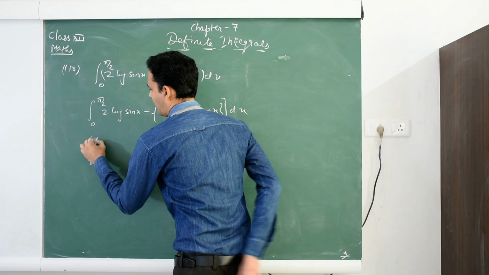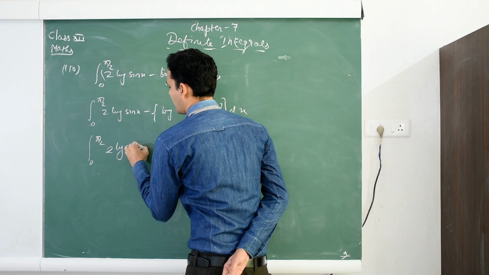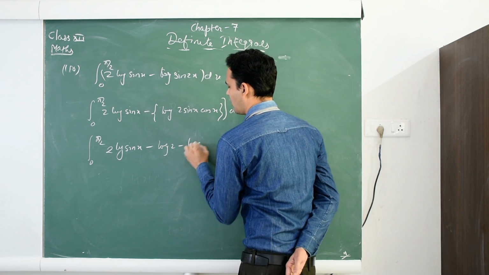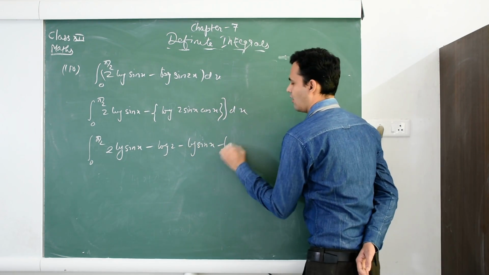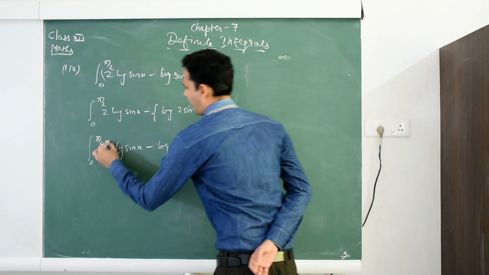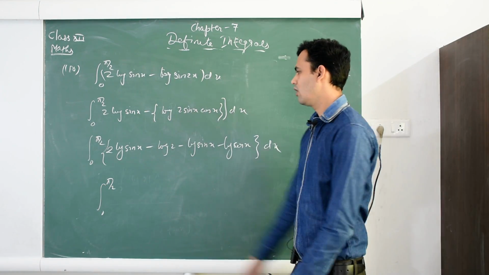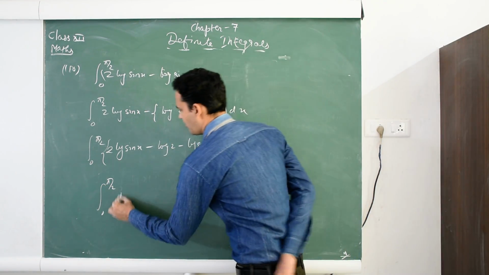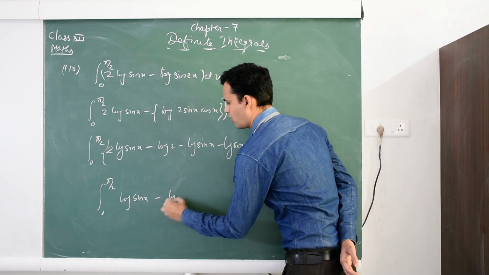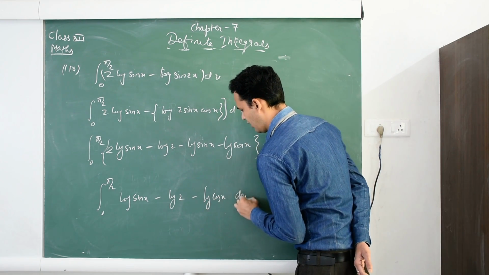So, integral 0 to pi by 2 of log sin x minus log 2 minus log sin x minus log cos x dx. Log sin x minus log sin x, it means we get log sin x minus log 2 minus log cos x dx.